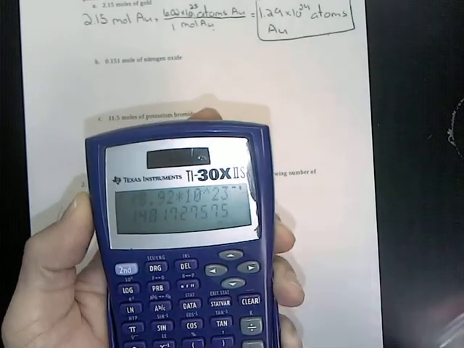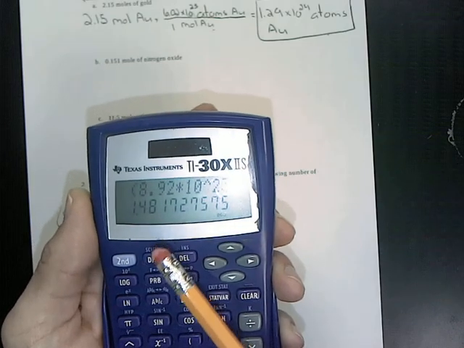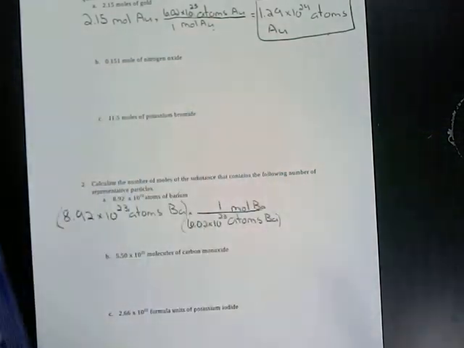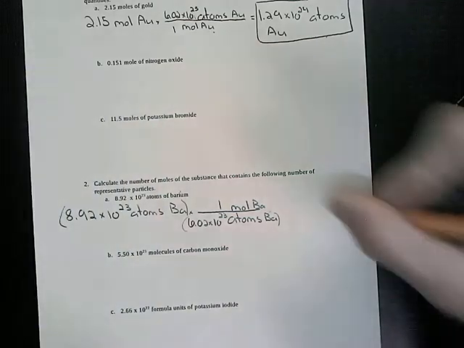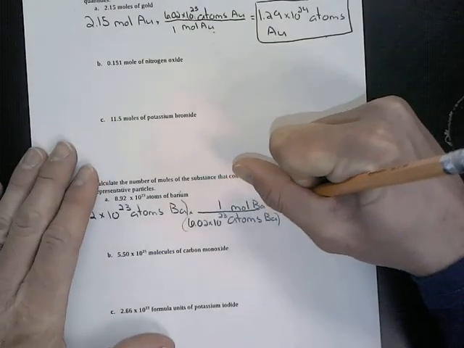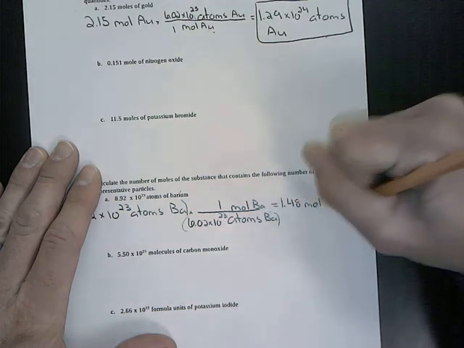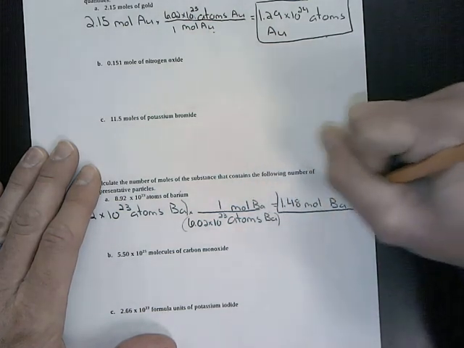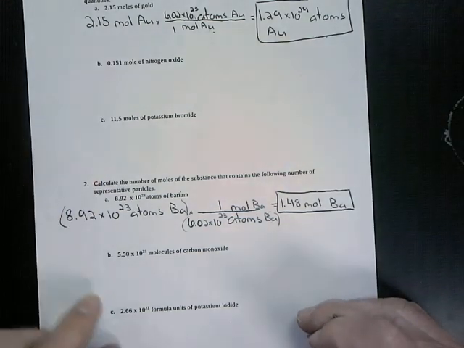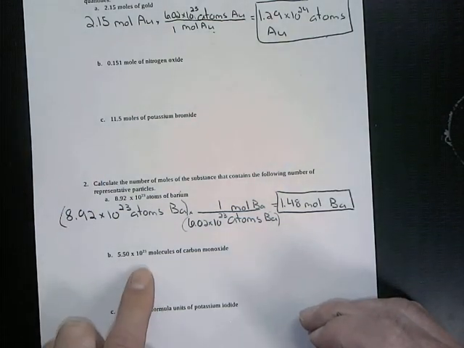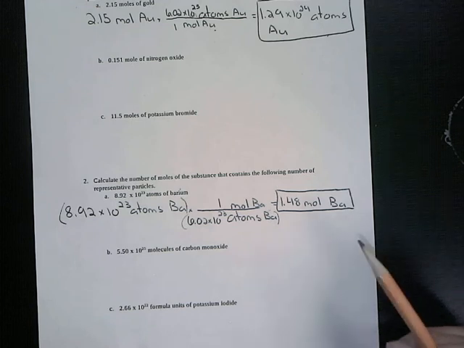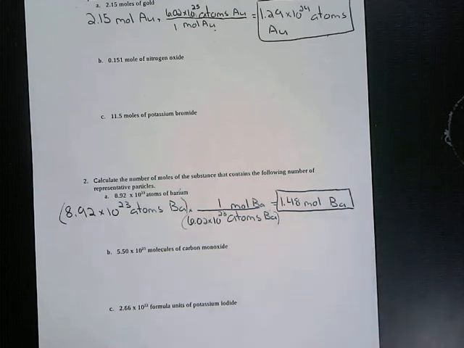I press enter. Rounding to 3 total digits, I get a value of 1.48, and that is 1.48 moles of barium, Ba. Now, B and C once again follow a very similar format to be able to go from these representative particles to moles.